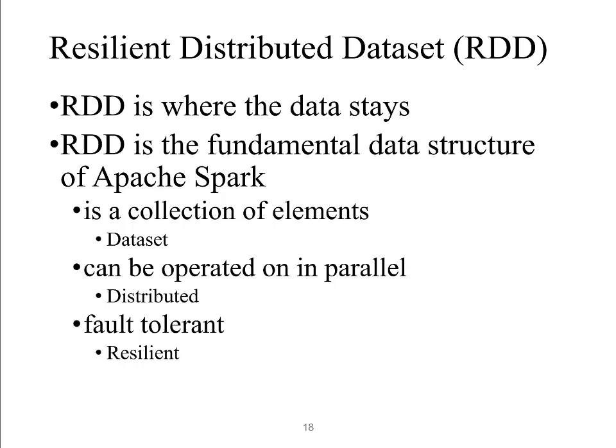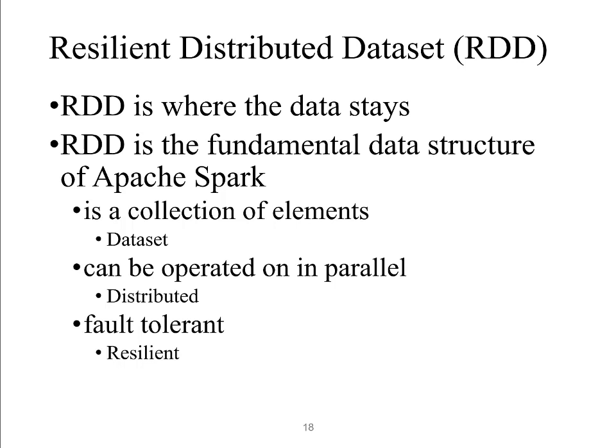By distributed, we mean that an RDD can be operated on in parallel. Basically, the data in an RDD can be split into chunks. Then these chunks will be logically partitioned across many servers.